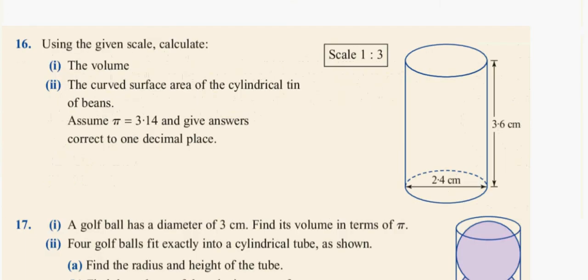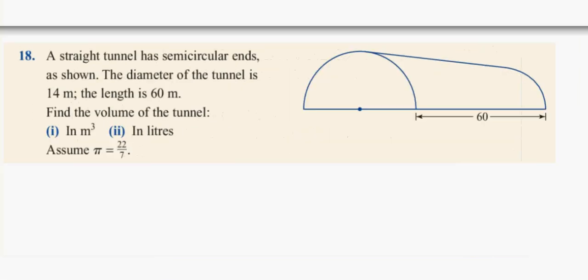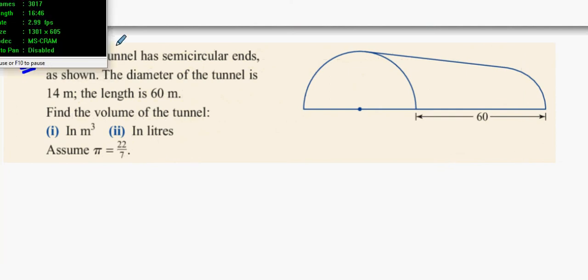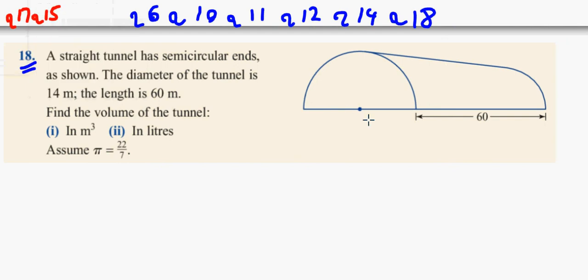I'm going to skip 70. I'm just going to go to 18. Okay? Go on, give 18 a go. So, for those of you that don't know, it's half a cylinder.